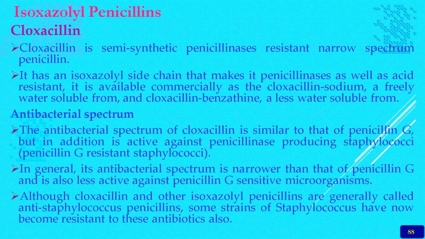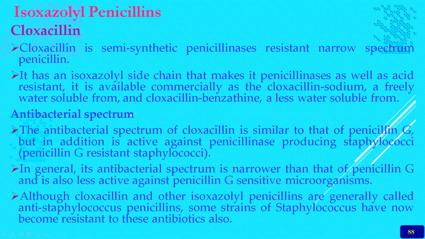It has an isoxazolyl side chain and is acid resistant, so cloxacillin can be given orally. It is available as cloxacillin sodium, which is water soluble, and also as cloxacillin benzathine, which is not so water soluble.